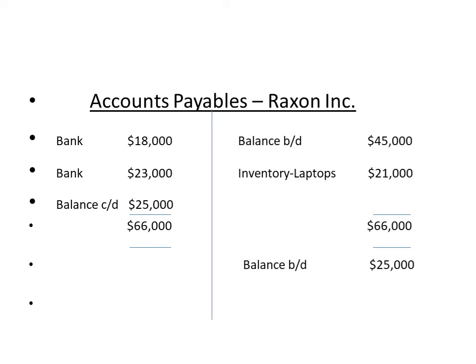The difference is 25,000, and that 25,000 is recorded in the account, and this is the balance in the account. And as a final step, we transfer this balance on the opposite side of the account as balance brought down, $25,000. So if someone asks you, what is the balance in the account of Rexon? You have to say that Rexon has a credit balance of $25,000.